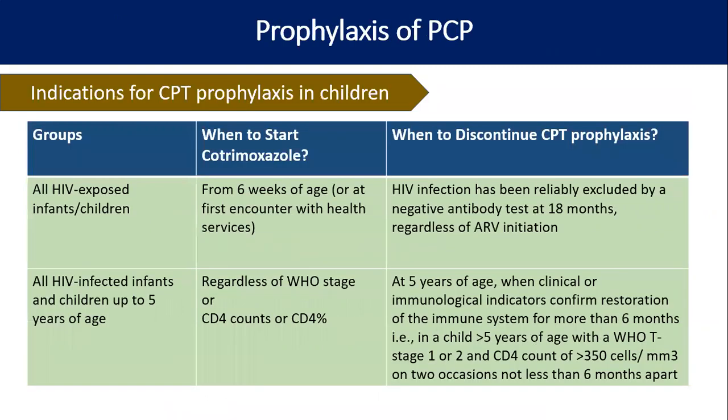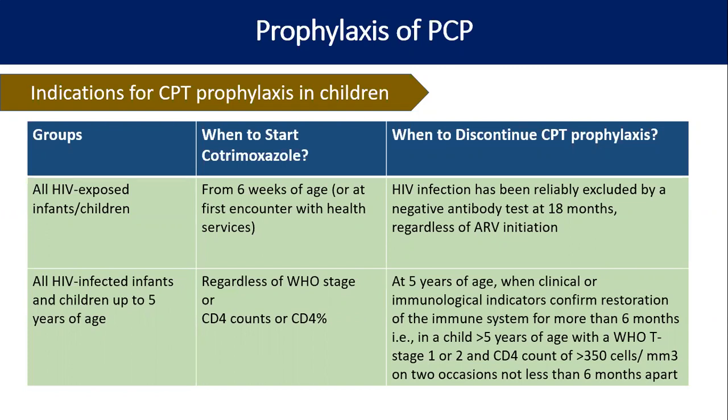Now, prophylaxis of PCP. Indications for CPT prophylaxis in children: all HIV exposed children, infants from 6 weeks of age till the child is proved to be negative by antibody testing at the age of 18 months. And all HIV infected children up to 5 years, regardless of WHO stage or CD4 percentage or count.